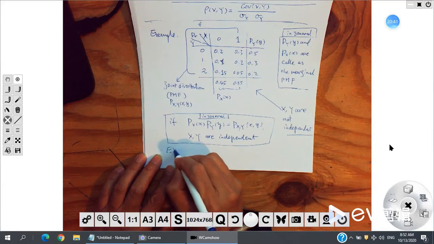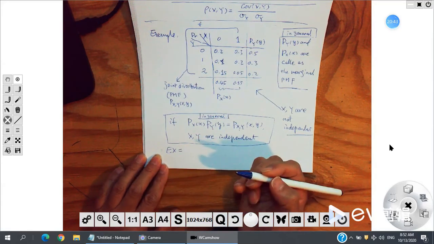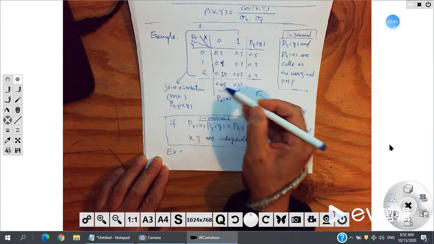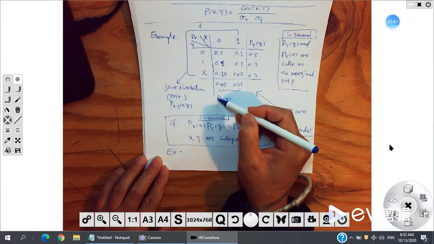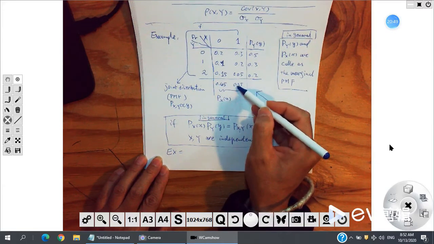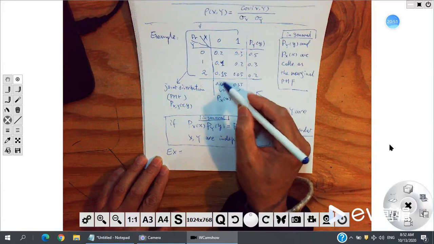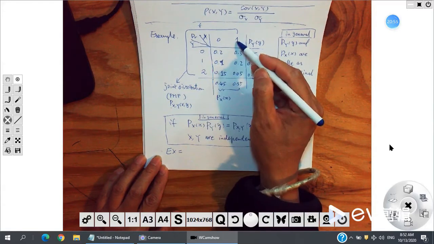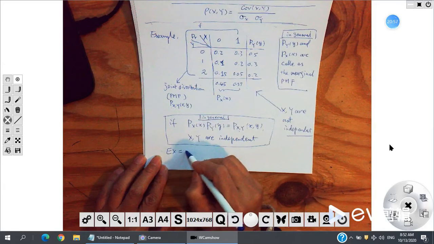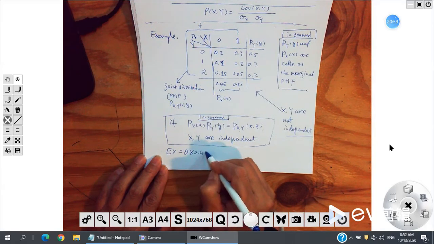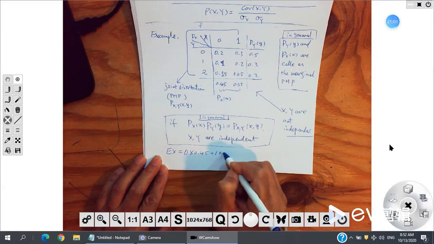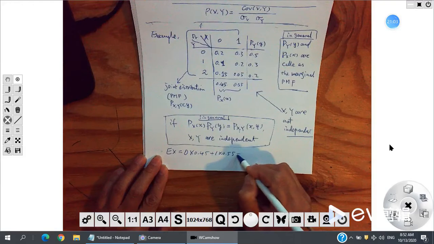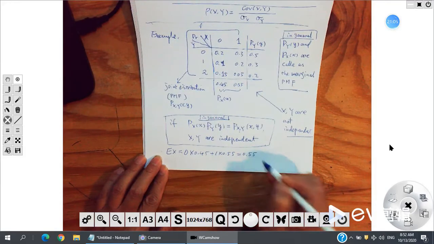What is E[X]? You have the PMF of X, so the mean should be 0 times this probability and 1 times this probability, so it's 0 times 0.45 plus 1 times 0.55. So this is the mean of X.